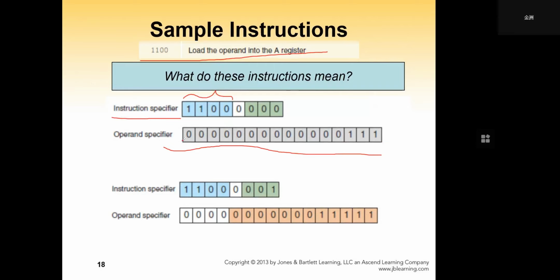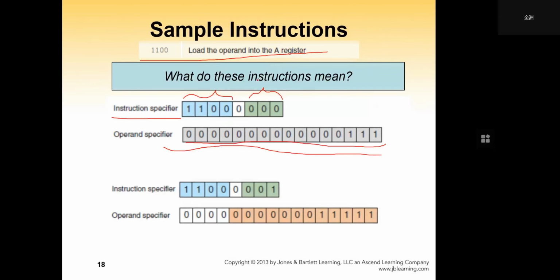Is this exactly the operand or just the address of the operand? We check the addressing mode here. The 3-bit addressing mode is 000. Remember what addressing mode it is? It is the immediate addressing mode, so this is the operand.